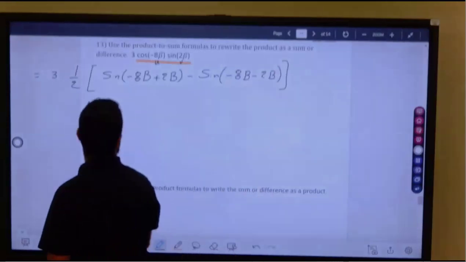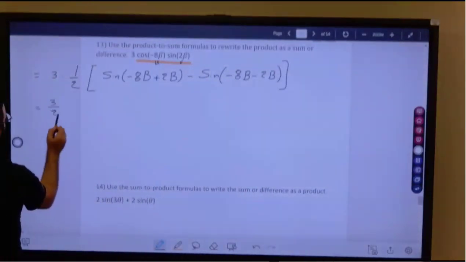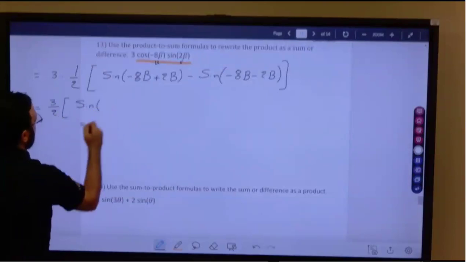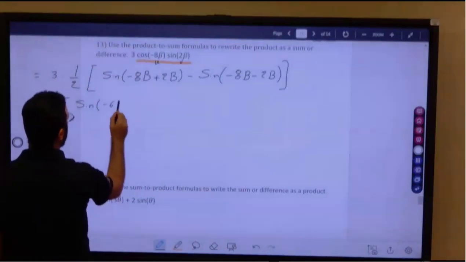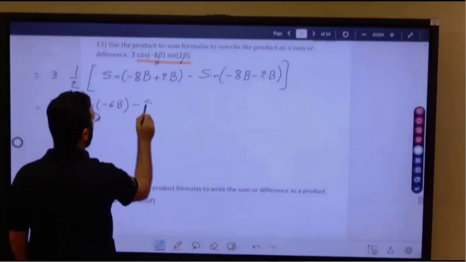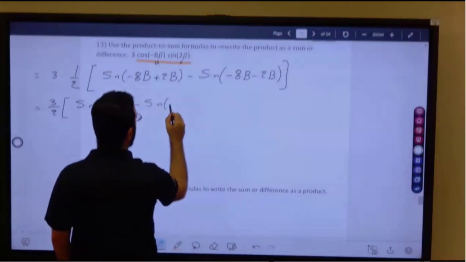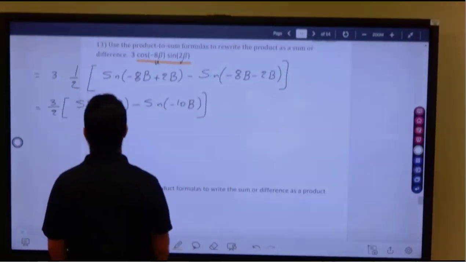Now we need to simplify it. So this part is going to be 3 over 2. Now here is going to be sine negative 8 plus 2, which is negative 6 beta, minus sine negative 8 minus 2, which is negative 10 beta. And we need to simplify it more.